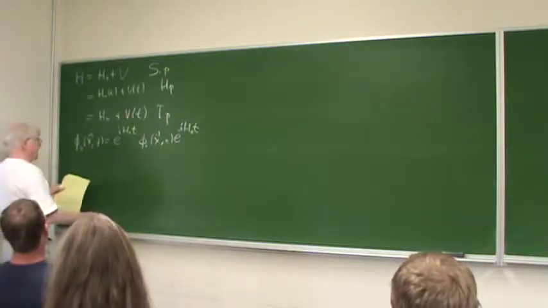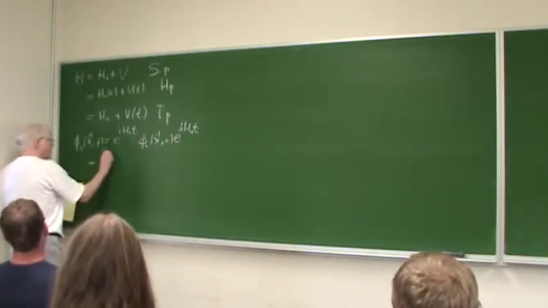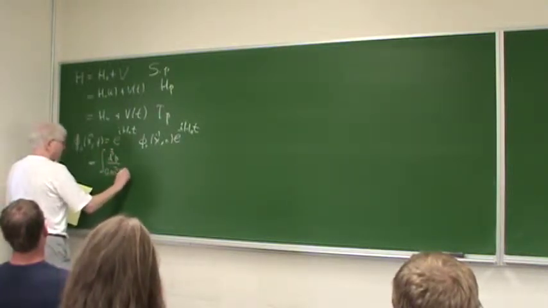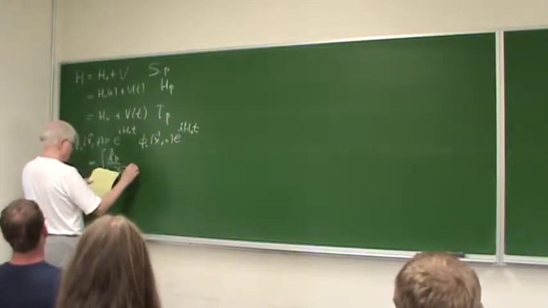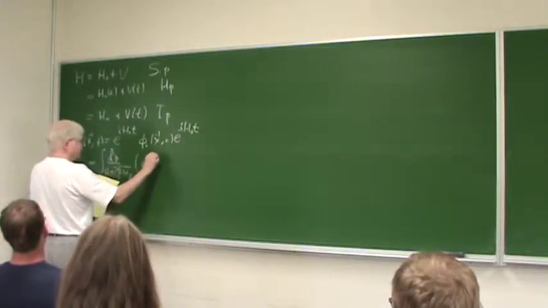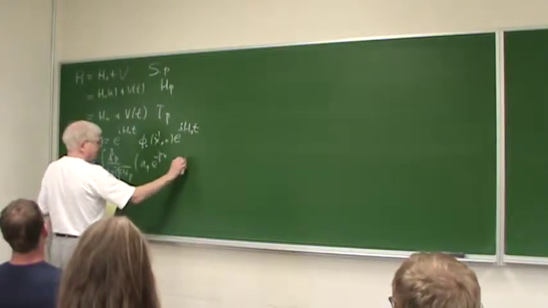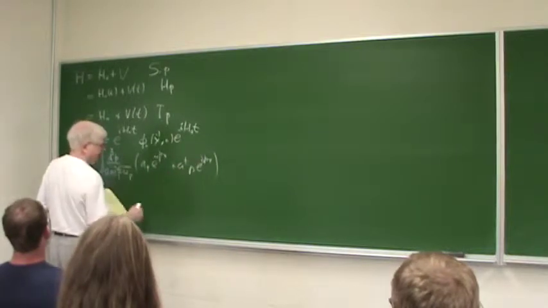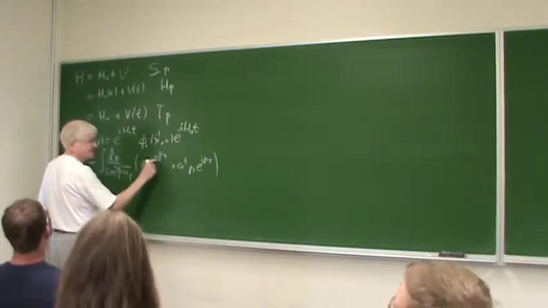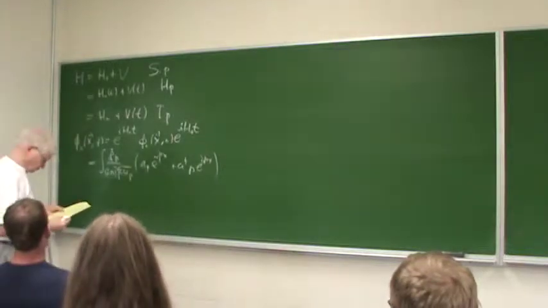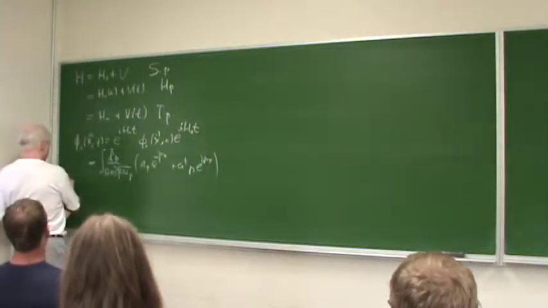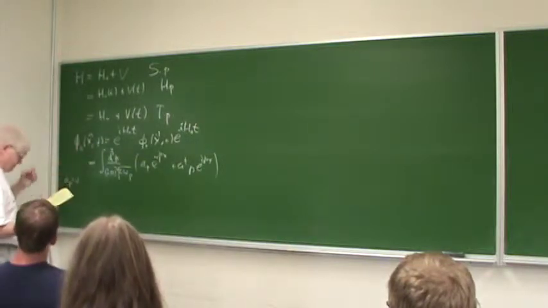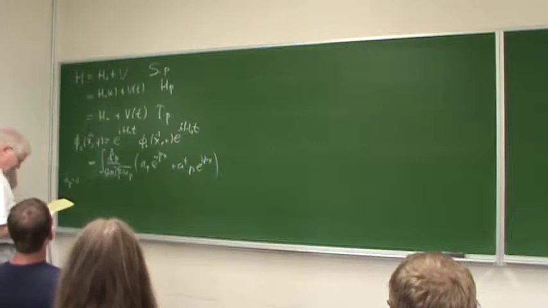And of course, this is the one that we've been talking about all along: d cubed p over (2 pi) cubed, 2 omega p inside a square root, a_p e to the minus i p x plus a dagger p e to the i p x. And this is the Lorentz inner product. So the time dependence of these a's goes into the space vector. In other words, a dot of p is 0 in the free field time dependence. And that's what we're going to have in the interaction picture.